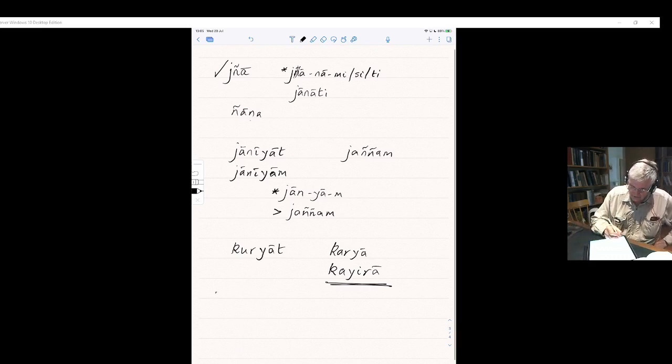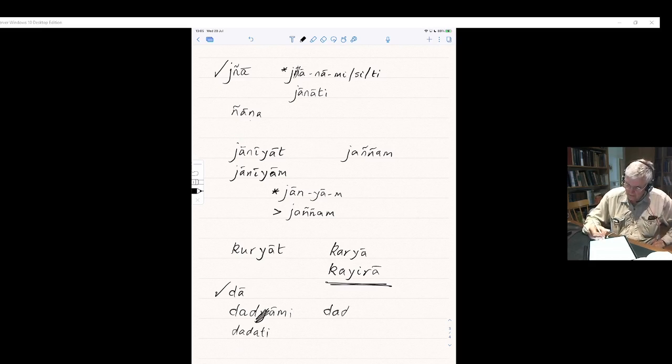And from the root dā, for example, in Sanskrit it is dadāmi, dadāti. So from the present stem dad, you get dadyāt. He might give.